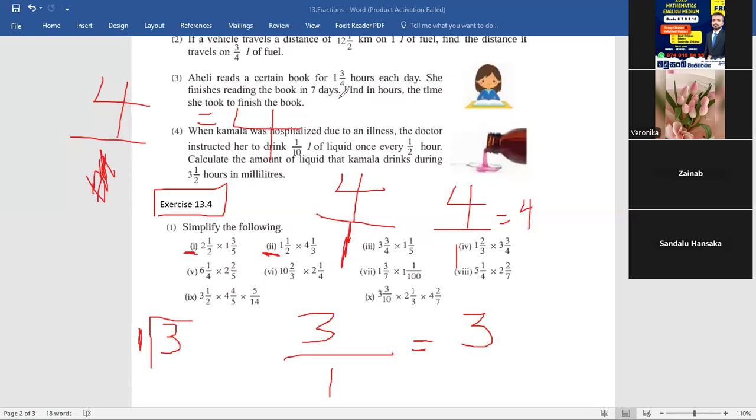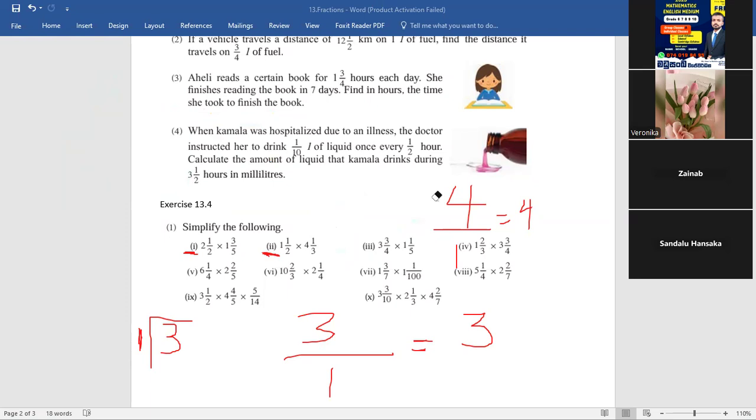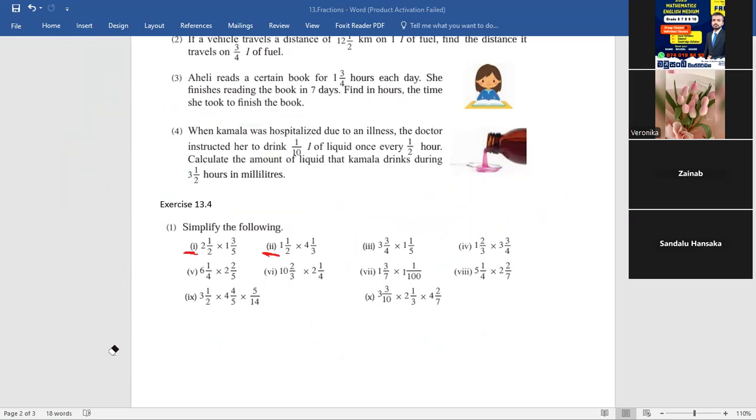These are basic things. It's not an improper fraction. In the numerator, if you find 1, you cannot ignore it. Only the denominator.